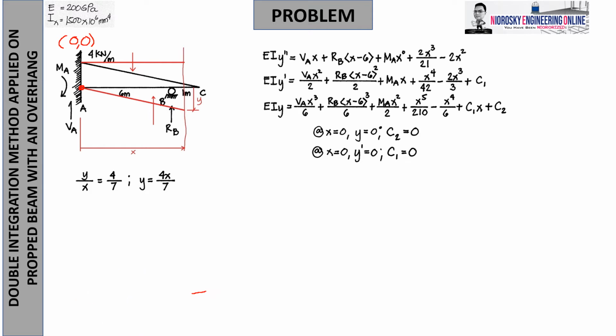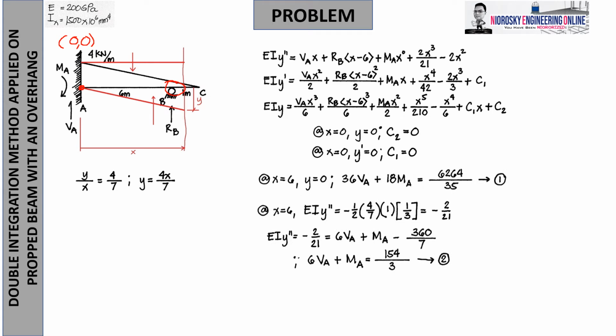So, after knowing that the arbitrary constants are now eliminated, let's proceed with the evaluation of the reactions by getting the next property at the hinge or roller support. First things first, we analyze at x is 6. This is the point 6, 0 in the Cartesian coordinate system.